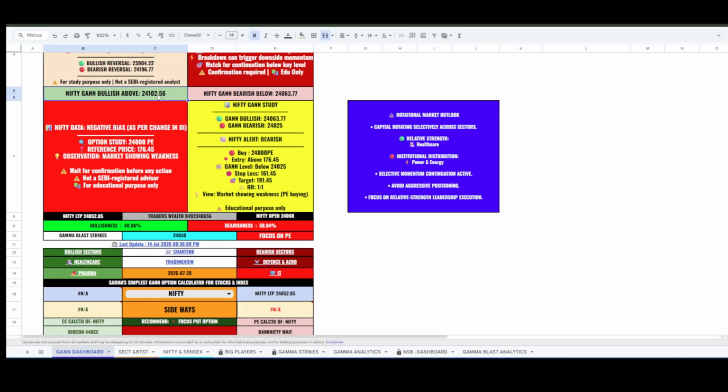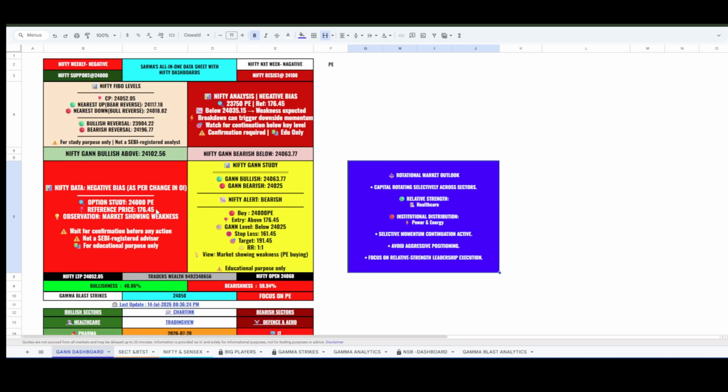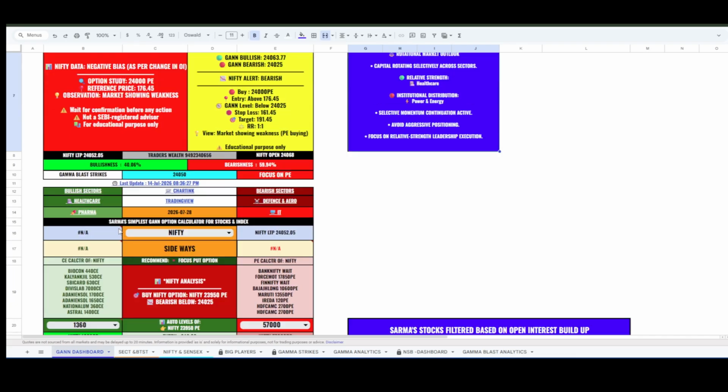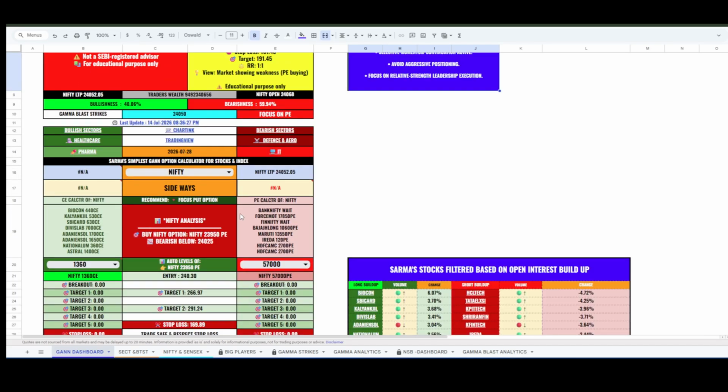You get Gann bullish above, Gann bearish below. And overall market rotation is given here. Sector rotation is also given here, showing which sector is healthy. This part is completely for Nifty, and the lower part is a calculator which gives you ease of use.